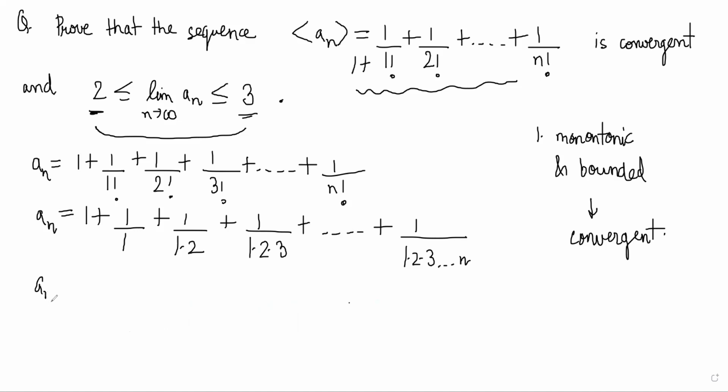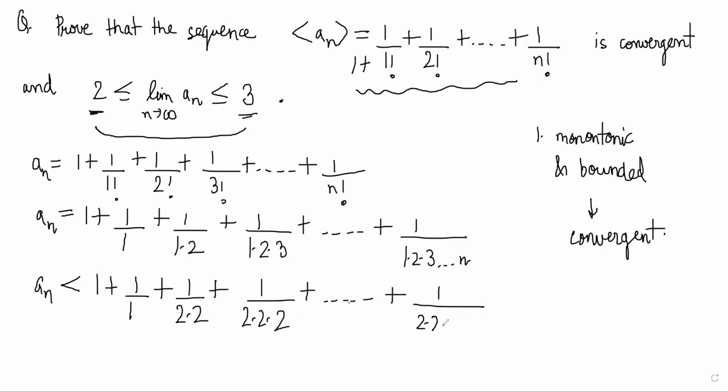You can say that an will be less than 1/1 plus 1/(2×2) plus 1/(2×2×2). This will be true, these are smaller numbers.